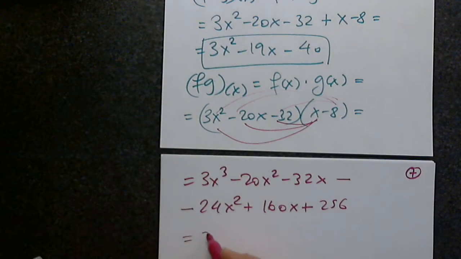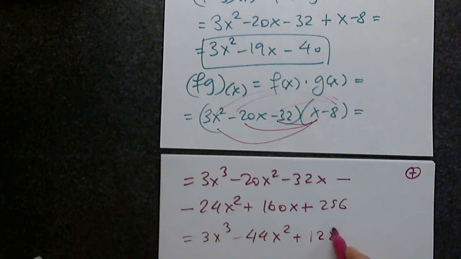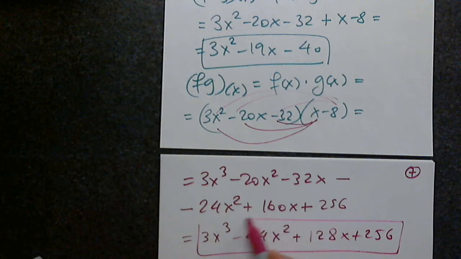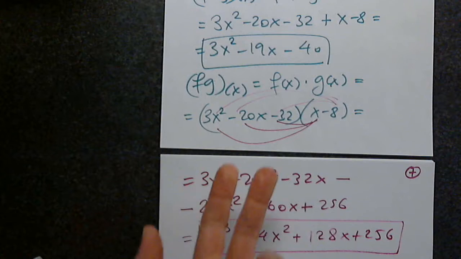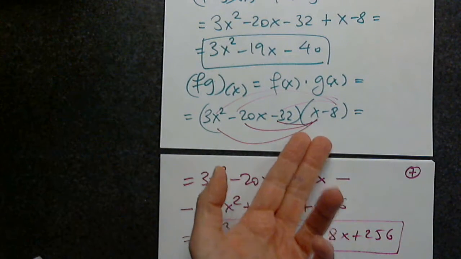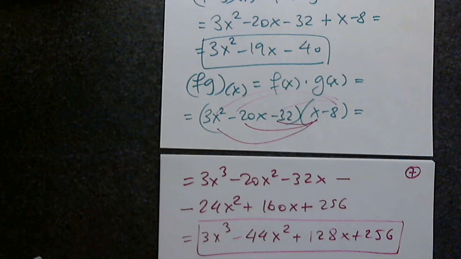So then I combine like terms: 3x cubed, and this is minus 44x squared, and this is plus 128x and plus 256. So this will be the product of the two functions. It's just a multiplication of a trinomial times a binomial, and then you combine like terms. See, that's where I was. The part where I was getting messed up was because there are so many numbers when I combine like terms. Yes, I agree. So it's a lot. You have to practice a little bit, yes.